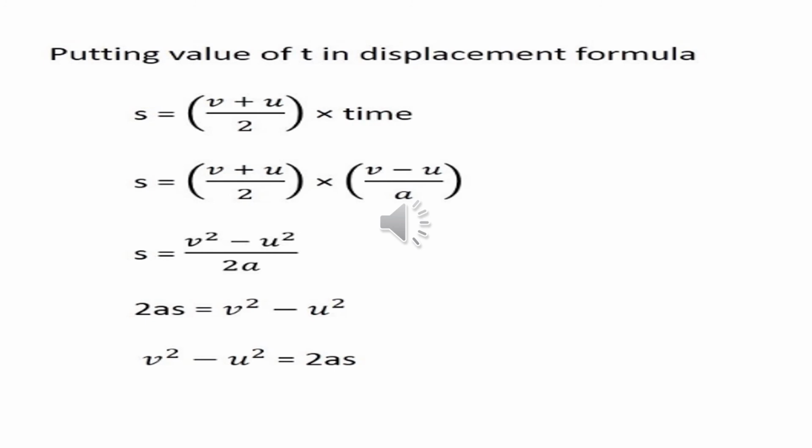As you know, the formula for a square minus b square is a plus b into a minus b, and in the denominator we will have 2a. So we shift 2a to the left hand side, so it will be multiplied by s, that is 2as is equal to v square minus u square. So our final equation will be v square minus u square is equal to 2as. This is your third equation of motion.